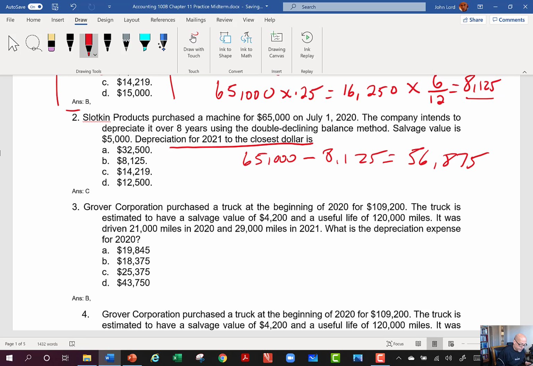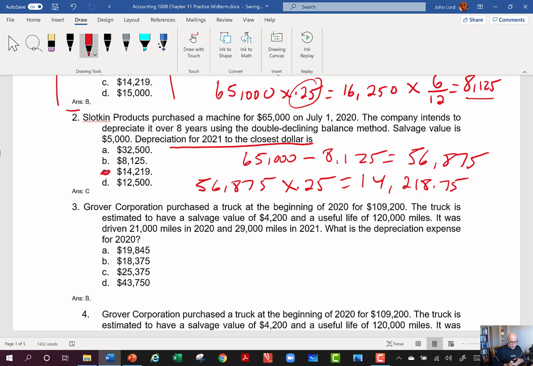So then I take that 56,875. I don't have to recalculate 0.25 because it was the same fact pattern. They were just asking me for the next year. Times 0.25 gives me $14,218.75. And they asked for the nearest dollar.